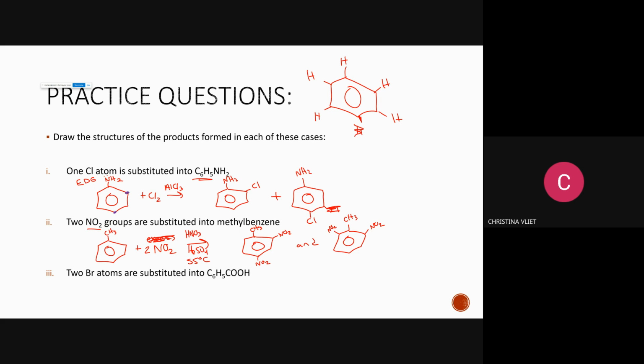All right, 2 Br atoms substituted into C6H5COOH. All righty, this one. What does COOH do? Is that a withdrawer or a donator? So that means we're going 3 and 5, right? We have to put 2 bromine atoms, so it's plus 2Br2.